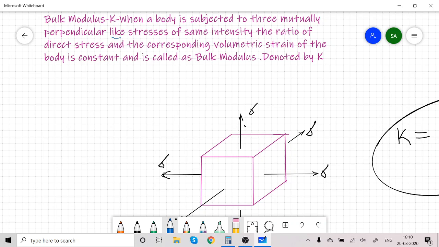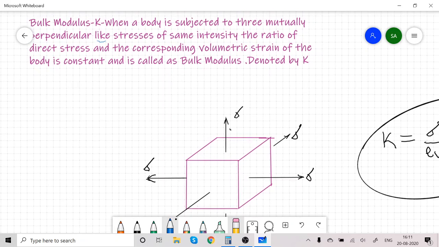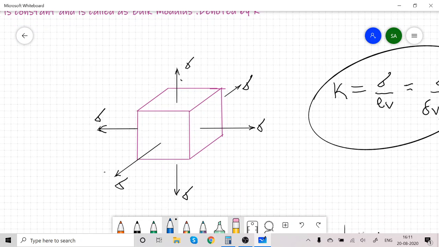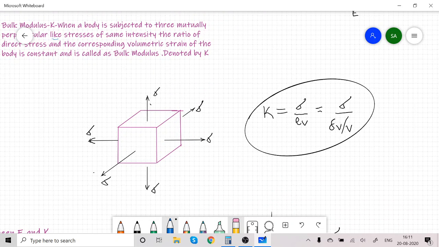So I will repeat, bulk modulus, when a body is subjected to three mutually perpendicular like stresses of same intensity, the ratio of direct stress and the corresponding volumetric strain of the body is constant and it is called as bulk modulus. So consider a block which is subjected to three mutually perpendicular stresses, sigma x, sigma y and sigma z.